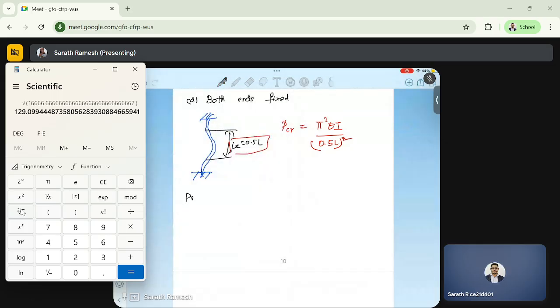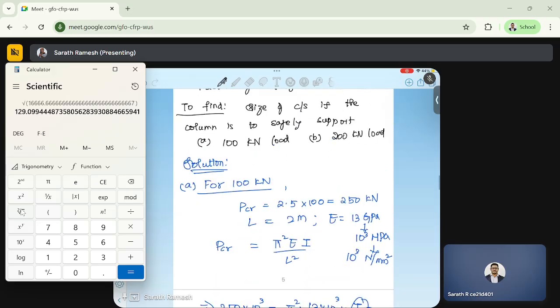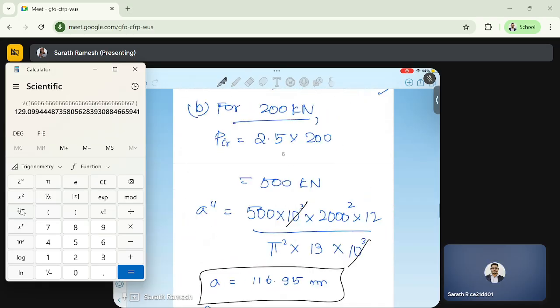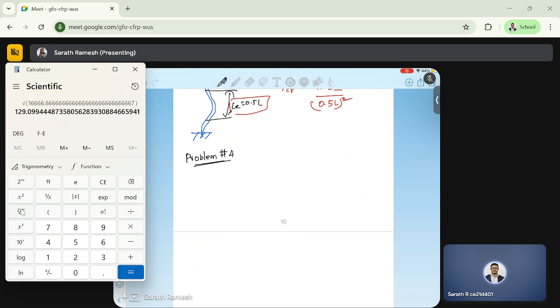Problem number 4. An aluminum column of length L. So there is a column.